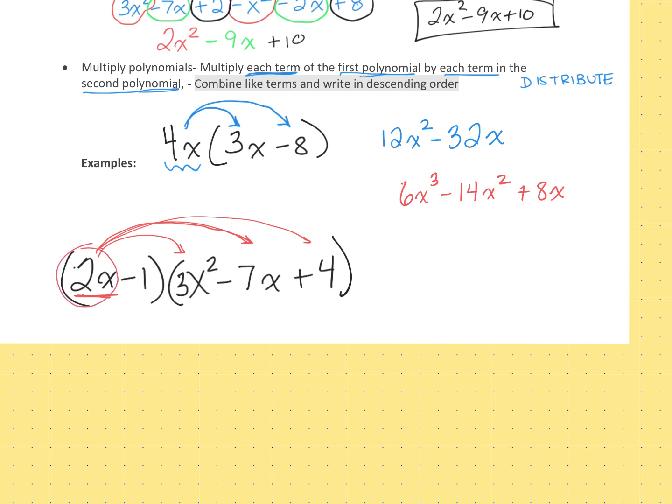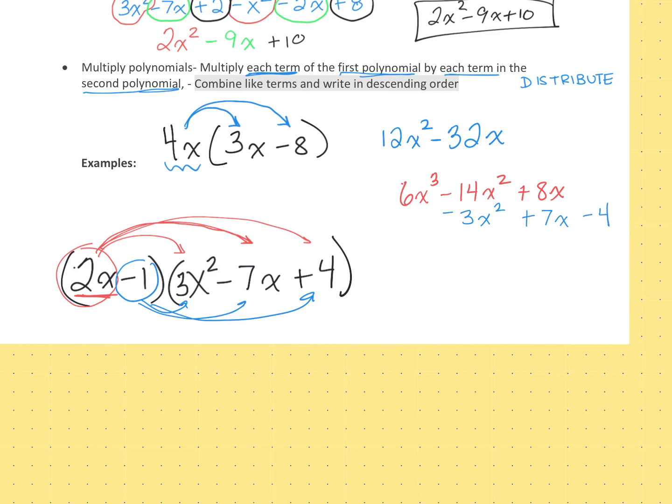So I'm kind of done with this 2x now. And now I need to multiply the negative 1 through each of these. I'm going to do that in blue. And you're going to notice that I'm going to write it underneath that red part that I already did so that I can line up my like terms. So minus 3x squared is going to go here, plus 7x, and then minus 4.